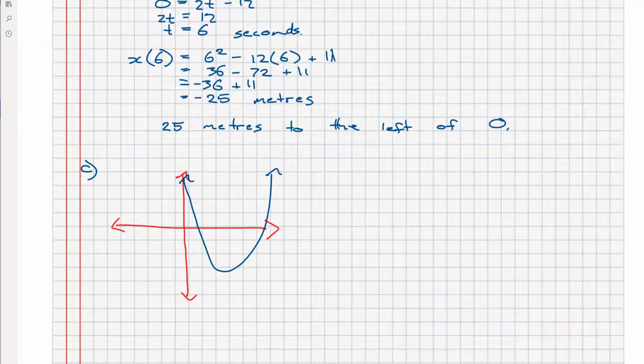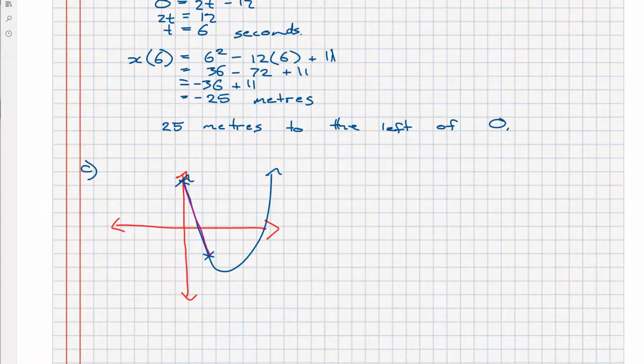And the starting position is going to be somewhere up here, and t equals 3 seconds is going to be down there. We're looking for the average velocity, so that's the change in distance over the change in time. So what we're expecting is some sort of line here, so it's an average.